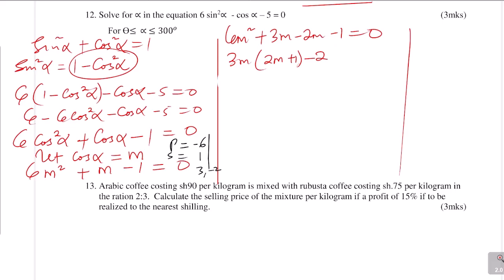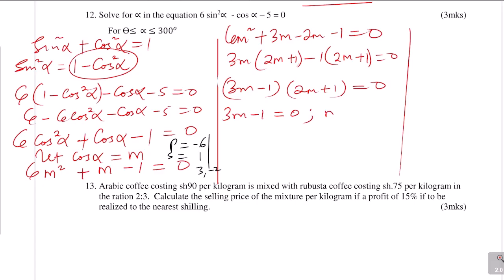Then minus 2, actually this will be 1, 2m plus 1 is equal to 0. This gives 3m minus 1 times 2m plus 1 is equal to 0. So we have two values of m. 3m minus 1 is equal to 0, so m is a third, or 2m plus 1 is equal to 0, so m is equal to negative half.